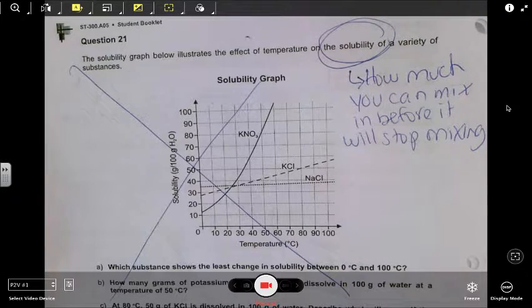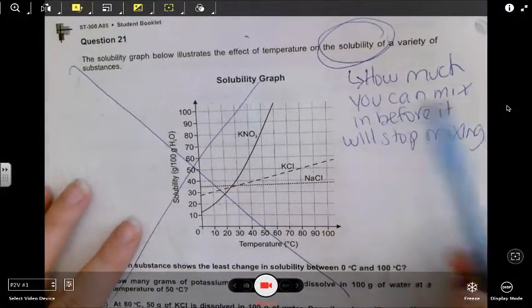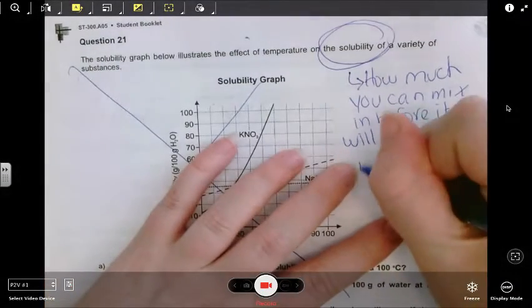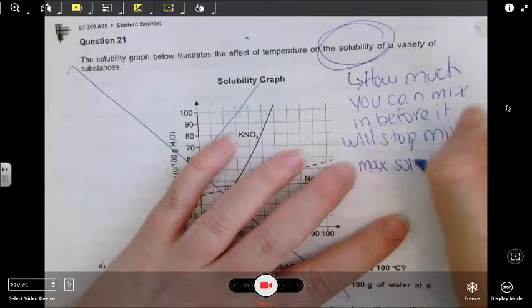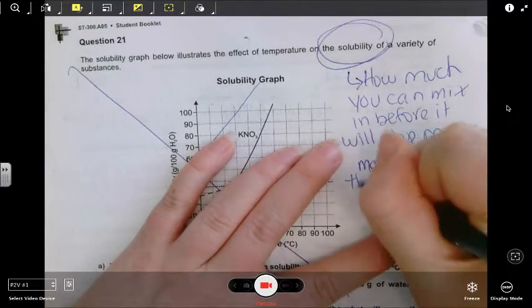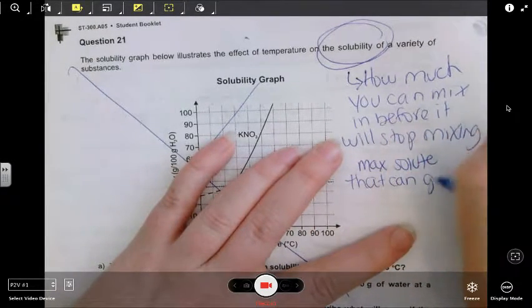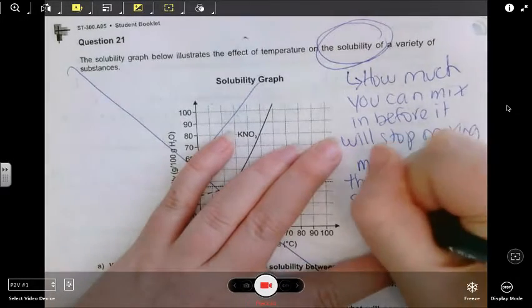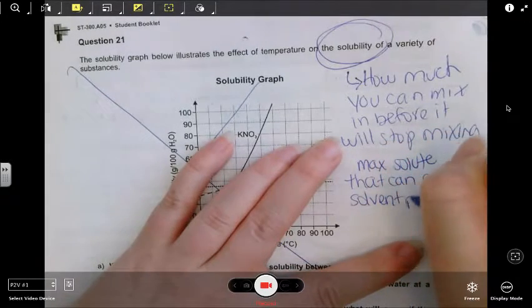Kayla is asking, is that like the solvent and solute? So yeah, you need to know solubility is kind of the max solute that can go into a solvent properly.